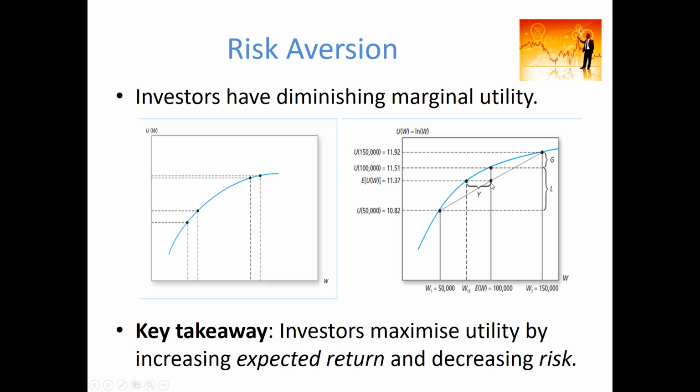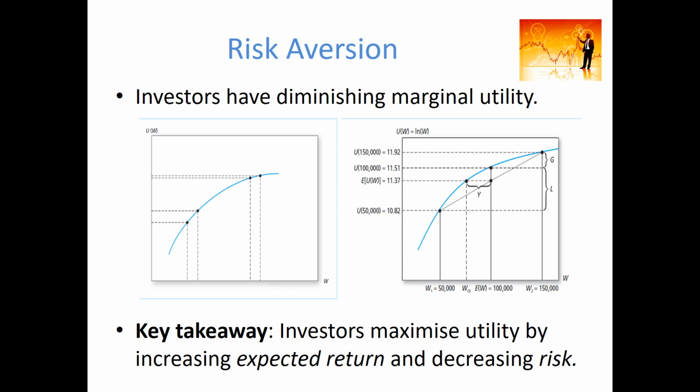Whereas you have another alternative where you will get a certain 100,000. The expected value of this alternative is the same. However, you can see that the utility for this certain $100,000 is higher because it is less risky.